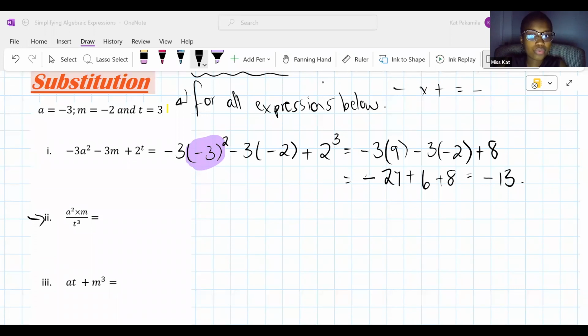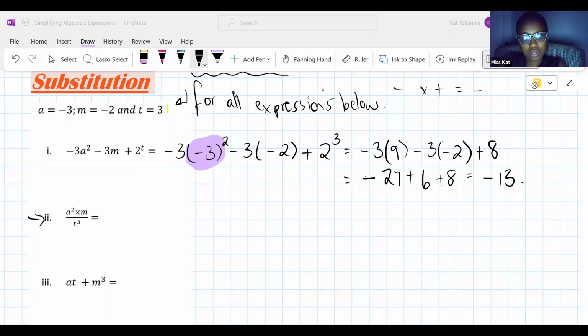Firstly, we're actually supposed to divide, né? You're supposed to first substitute. So you must substitute in A and M and T. Where there's an A, what do I put? Negative 3.